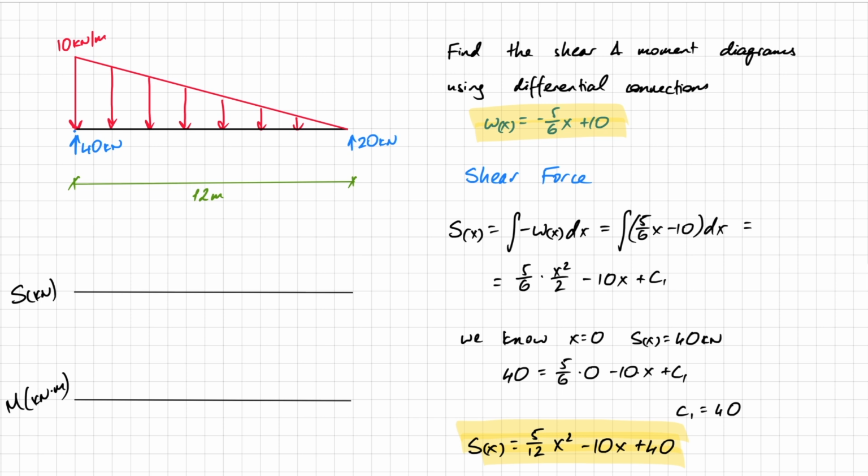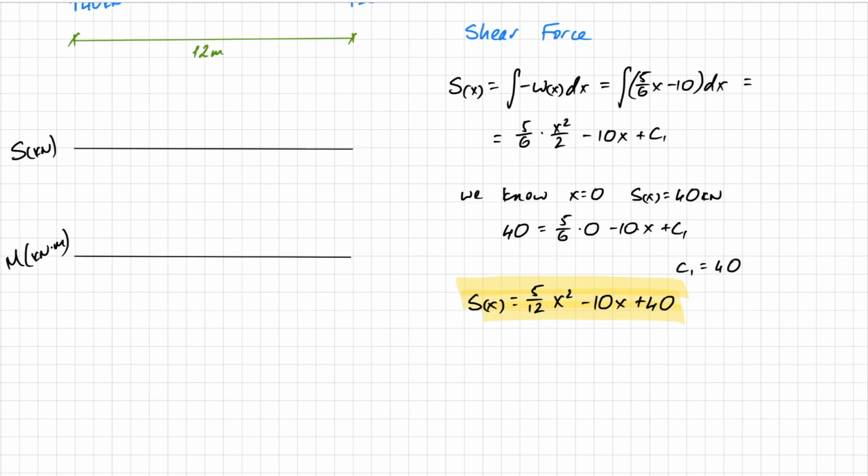I do, however, want to look at a few points, because using this equation, I can obviously plot it on the diagram. So there are a few points that I want to see. I want to see what happens when x equals 0, so I'm at point A, and what happens when x equals 12, so I'm at the end of the beam at point B. So when x equals 0, the first two terms fall off and I get 40, just as I'd anticipated.